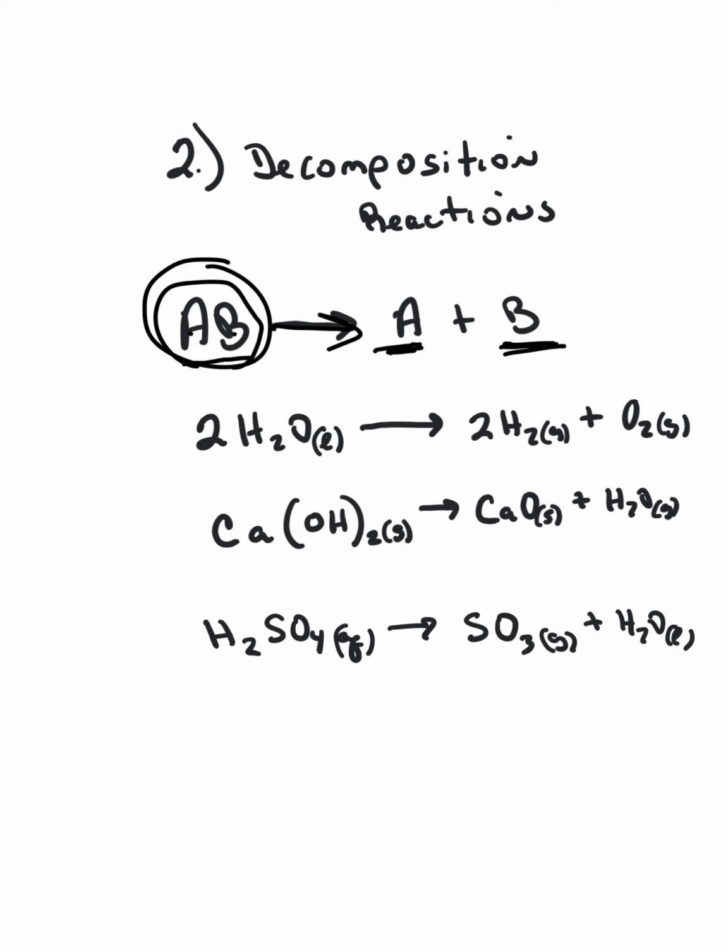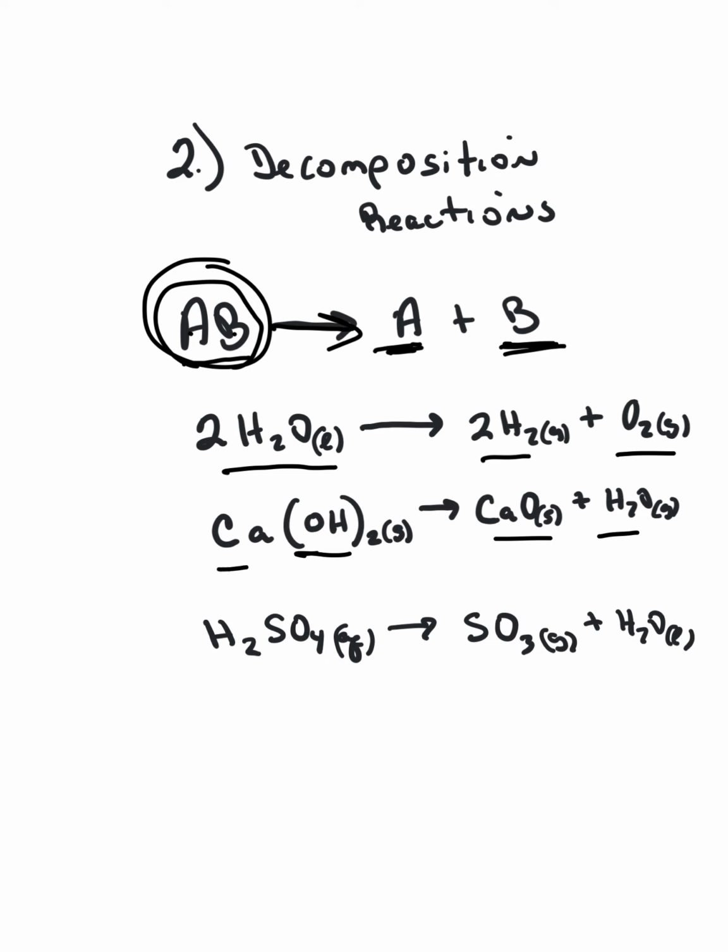An example is the opposite of what we saw in our synthesis reaction. We're taking water and breaking it down into hydrogen and oxygen, so 2H2 and O2. Another example is calcium hydroxide. We have CaOH that's combined, and we're breaking it down into calcium, oxygen and hydrogen.